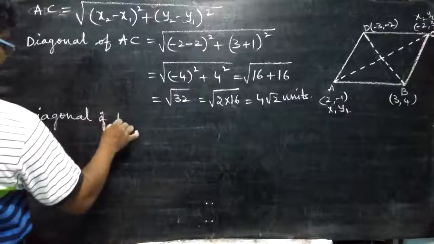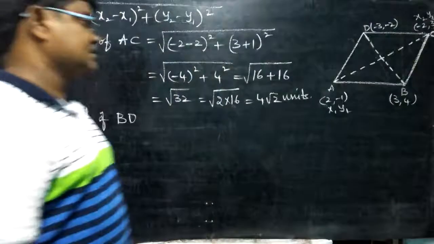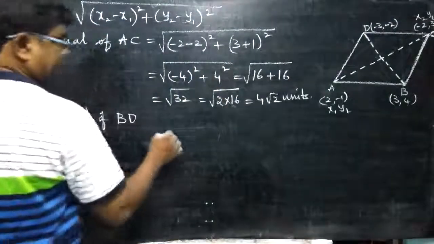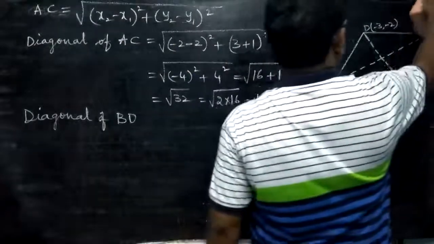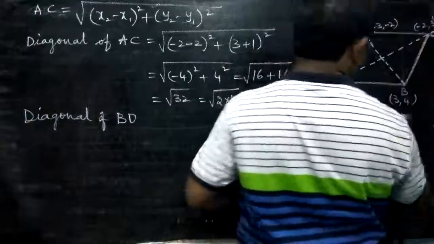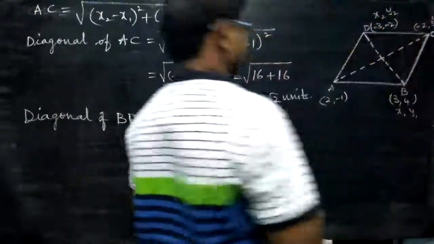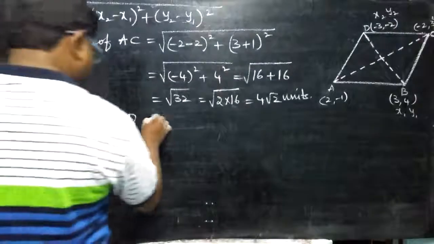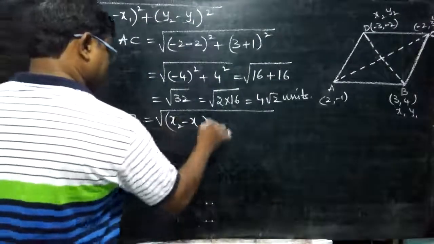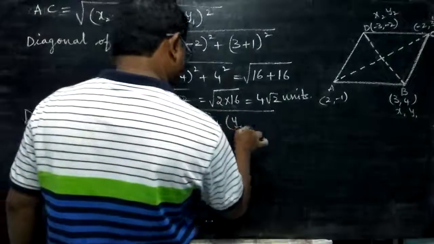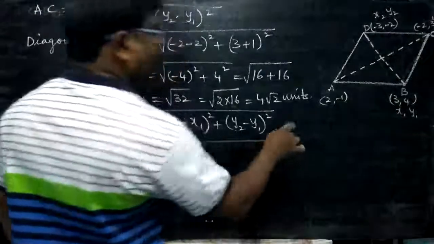Diagonal of BD. What are our AC and BD? Those are diagonals of a rhombus. Now BD. This time you think B as x1, y1 and D as x2, y2. According to your convenience, because easy method without getting confused. Same formula, square root of (x2 minus x1) whole square plus (y2 minus y1) whole square, that is equal to square root of, what is x2?